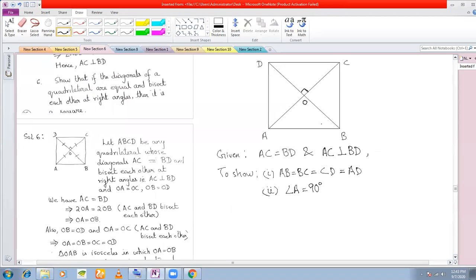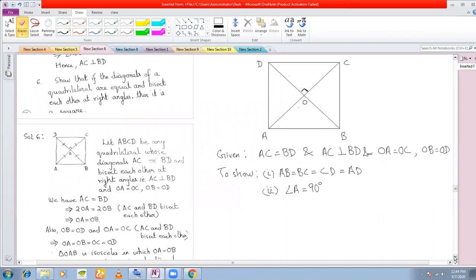Bisecting each other means three pieces of information are given to you, not two. The third piece of information is that OA is equal to OC and OB is equal to OD. That is, this length is equal to this length and this length is equal to this length. I'm not marking it in the diagram right now, but I will mark it a little later because I want to show something here.